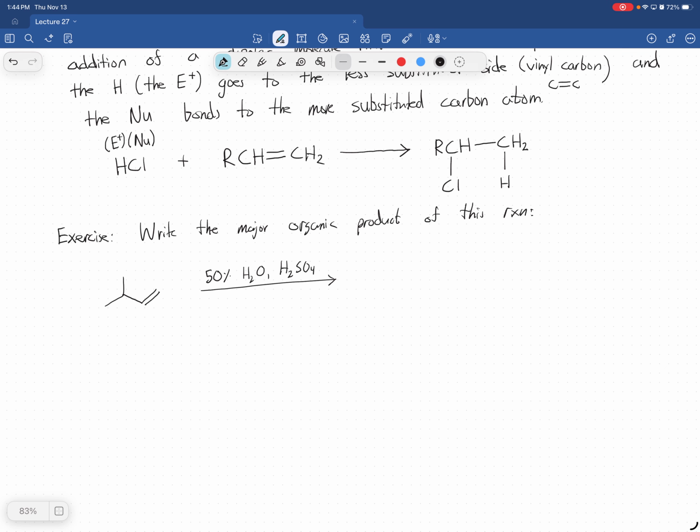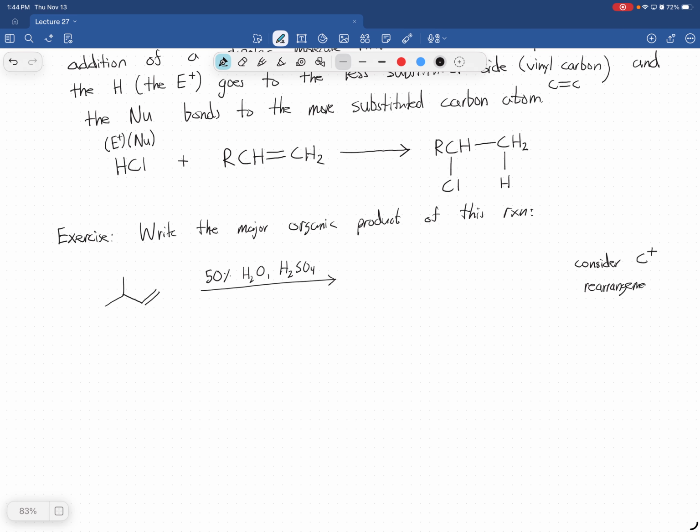But what happens generally if you generate a carbocation? Rearrangement. So you might have rearrangement in this one. I will write right here: consider C plus carbocation rearrangement.